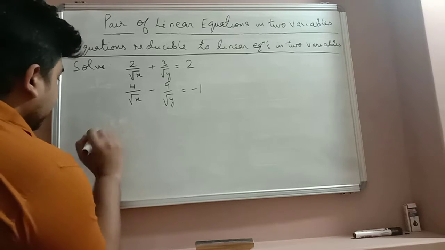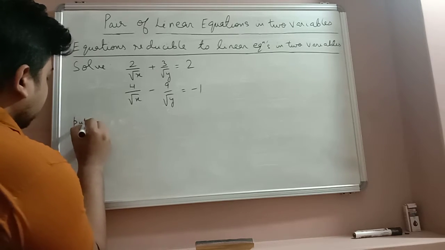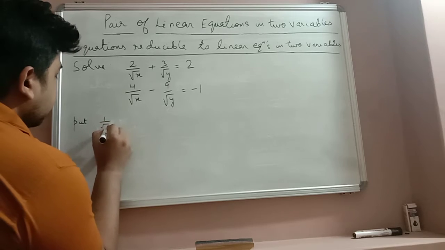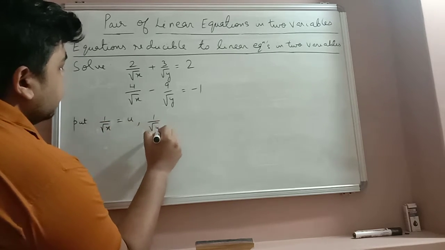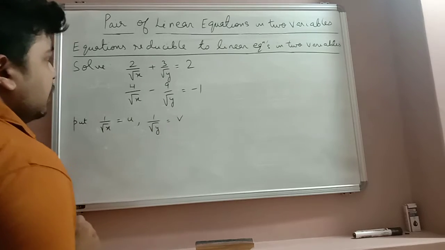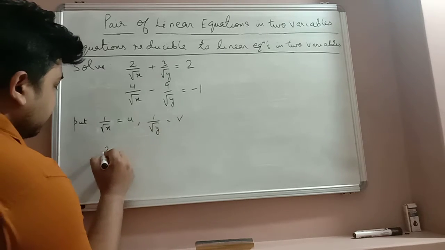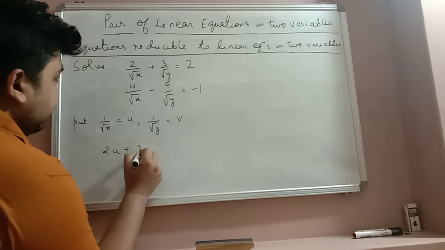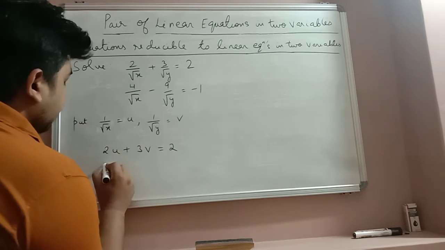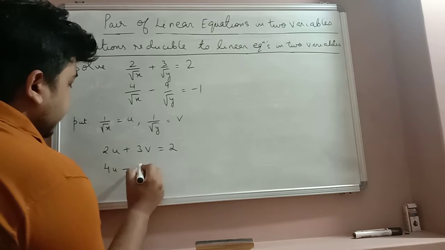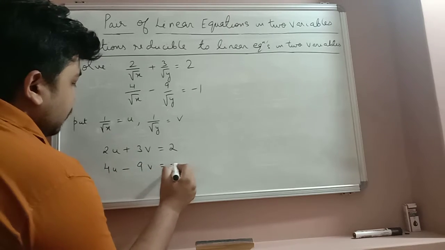Here we'll put 1 by root x equals u and 1 by root y equals v. So the equations now become 2u plus 3v equals 2 and 4u minus 9v equals minus 1.